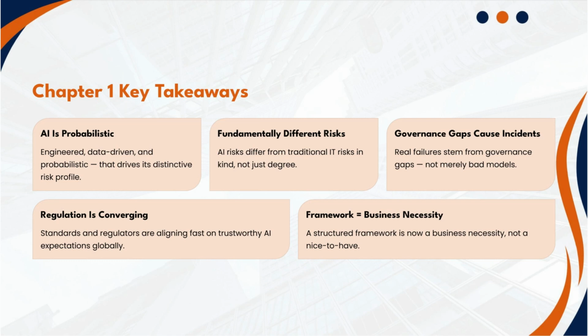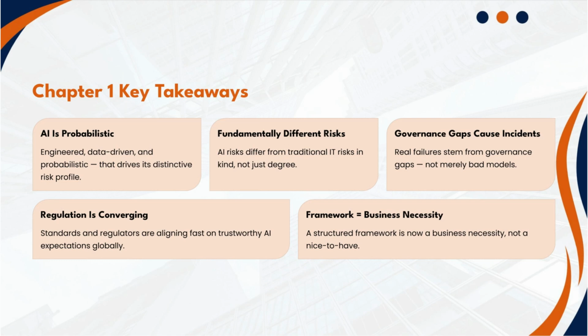Number two, look upstream. Almost every failure we studied, the hiring model, the healthcare algorithm, wasn't a technical malfunction. The objective was wrong, or the proxy was wrong, or the data carried history nobody examined. So when you assess a system, don't start with the algorithm.